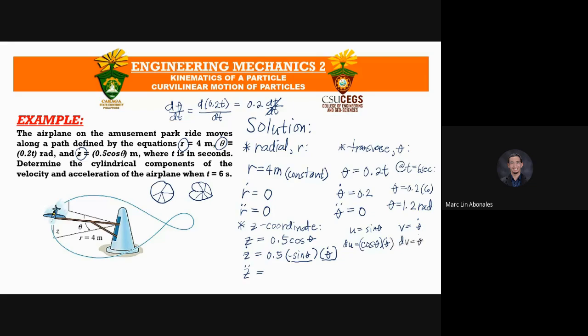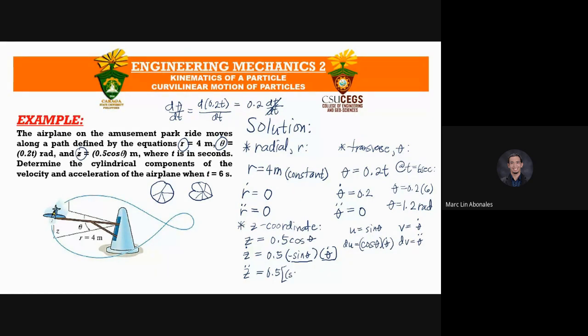Okay, so this would be by using product rule. So, gawas lang ni 0.5. So, that is u dv plus v du.